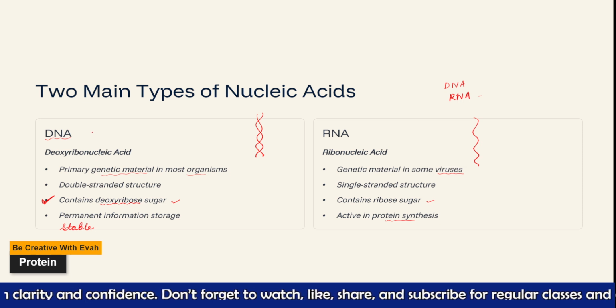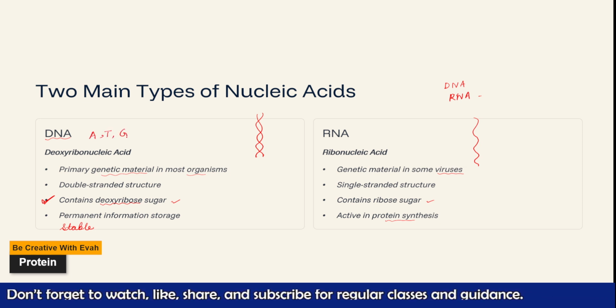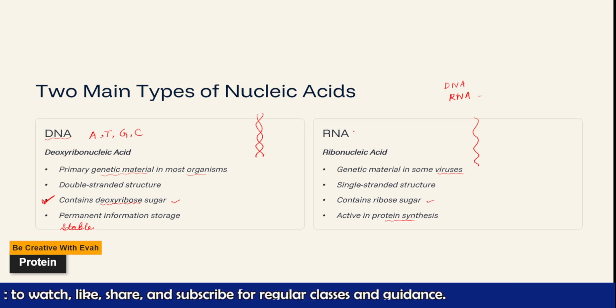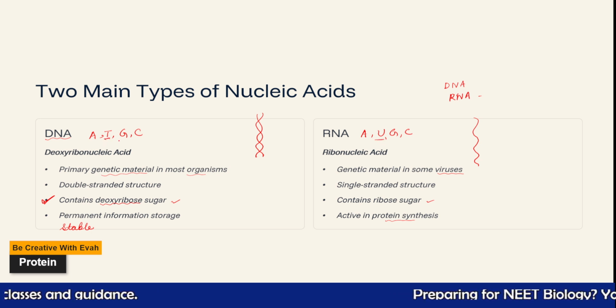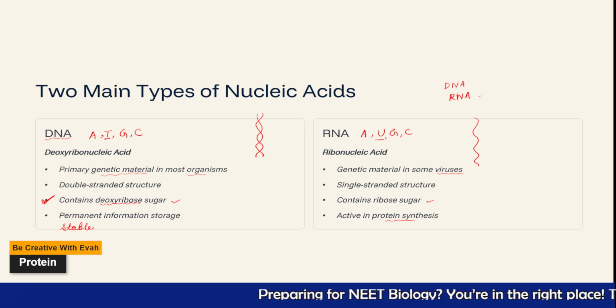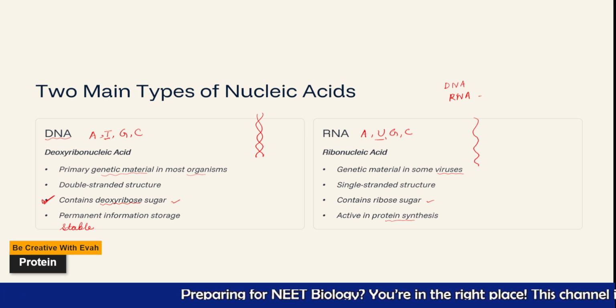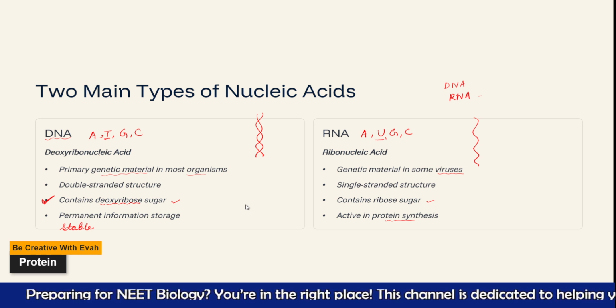Adenine, thymine, guanine, and cytosine. But in RNA, adenine, uracil, guanine, and cytosine. When you compare uracil and thymine, thymine is more stable. That is another reason for DNA's stability. So is that clear, the differences between DNA and RNA?